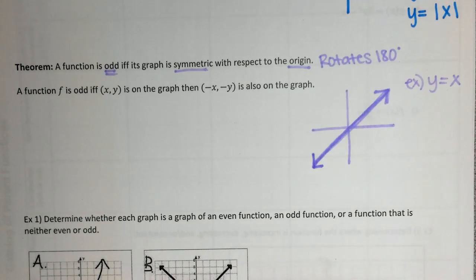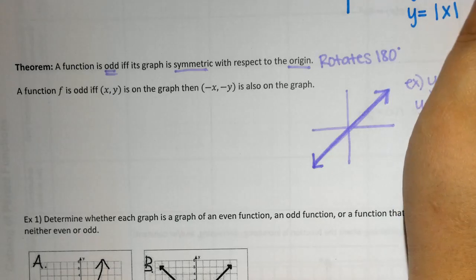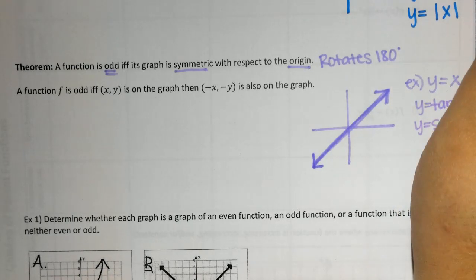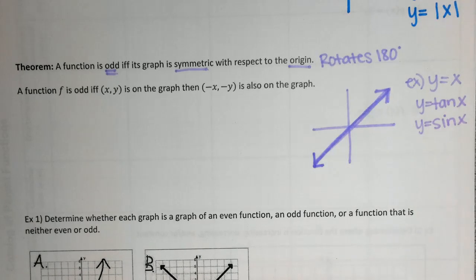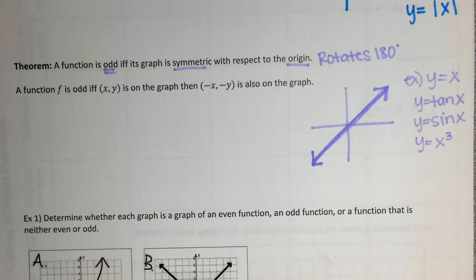What else is odd? Tangent and sine. But don't worry, you're not going to have to graph those. Don't freak out. What else is odd? Cubic. y equals x cubed.